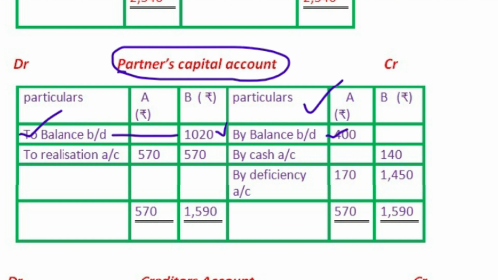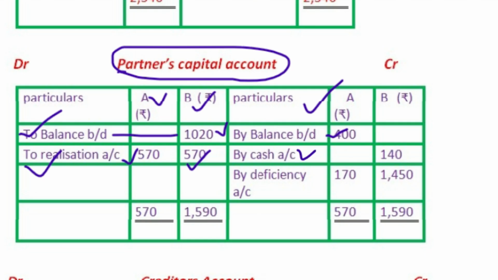The loss on realization on the debit side is shared by A and B equally. So this is the loss on realization, 570 rupees each, as I just showed you. And by cash account, B has a private estate and can give only 140 rupees, so it goes in B's column.